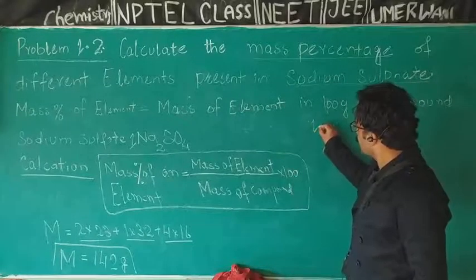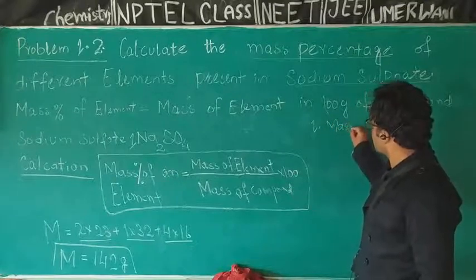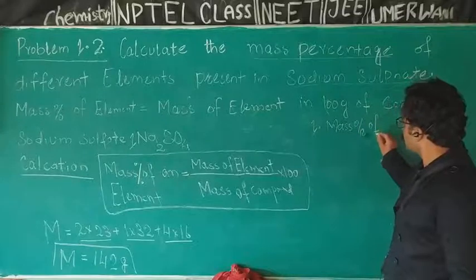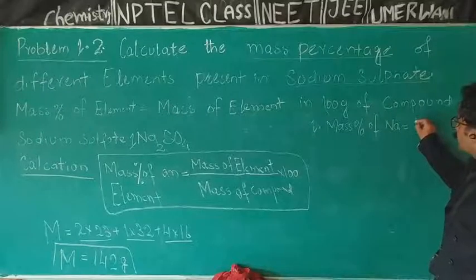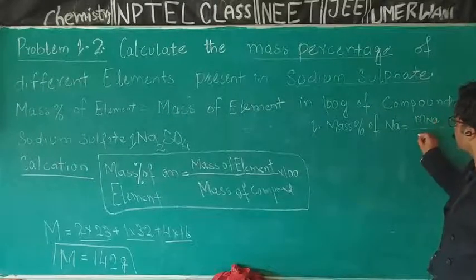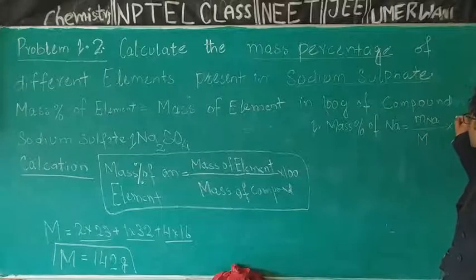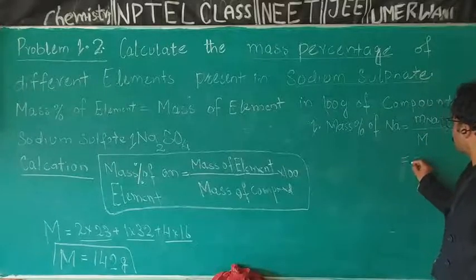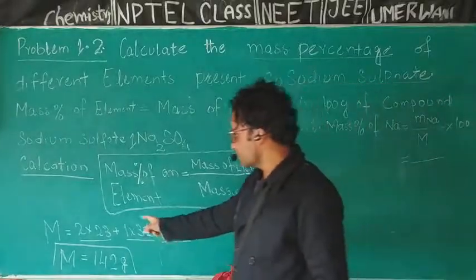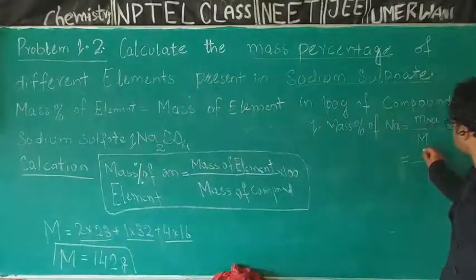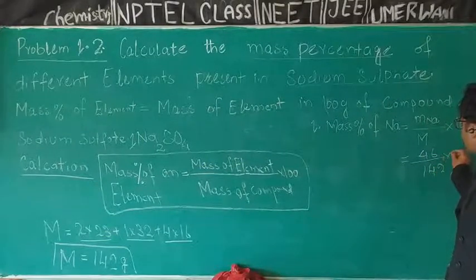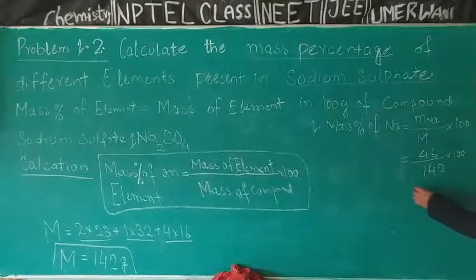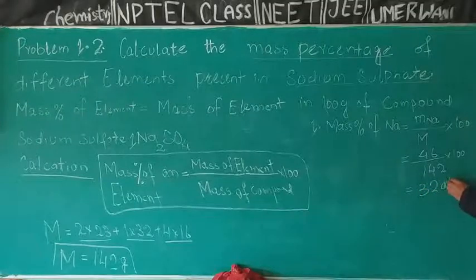First, mass percentage of sodium will be equal to the contribution of sodium towards its molar mass over the total molar mass, multiplied by 100. The contribution of sodium is 23 into 2, that is 46. 46 divided by 142 multiplied by 100 comes equal to 32 approximately.